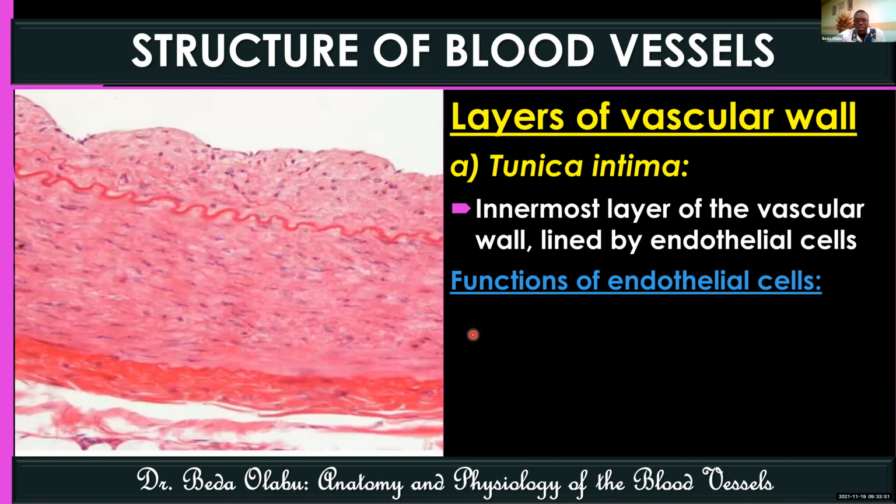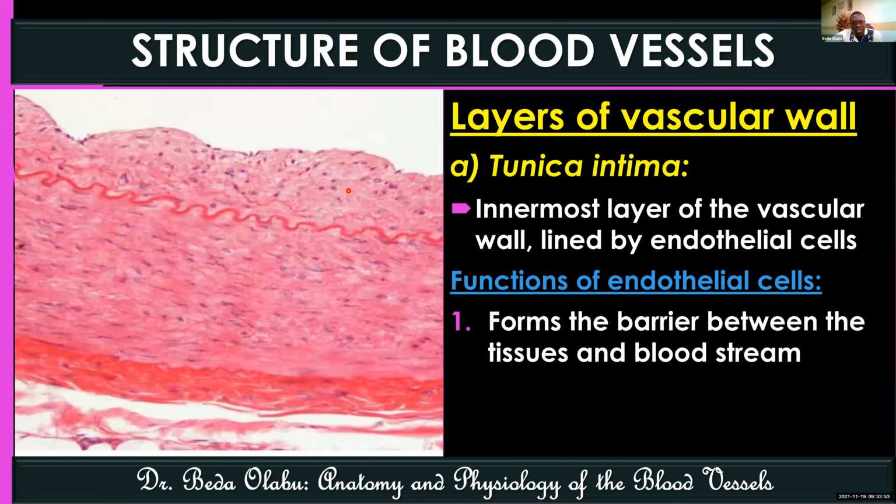I've already told you one of the functions of endothelial cells, that they form a barrier between bloodstream and the tissues. But we know that endothelial cells can also initiate the process of blood clotting, can initiate the process of hemostasis.